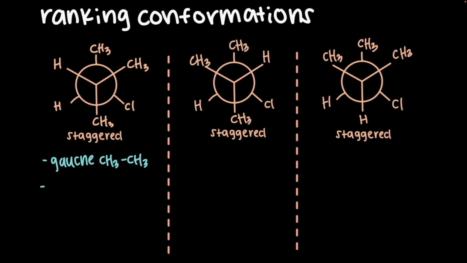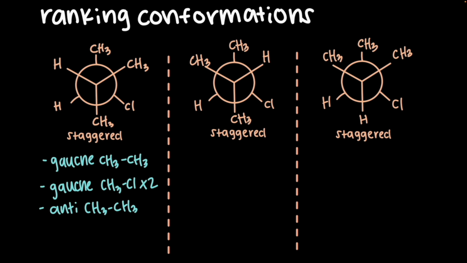I'm going to write down that this Gauche interaction occurs twice. The only anti-interaction that I see is between a CH3 and CH3. So I'm going to write down anti-CH3, CH3. These are the most important interactions that we have for this Newman projection.